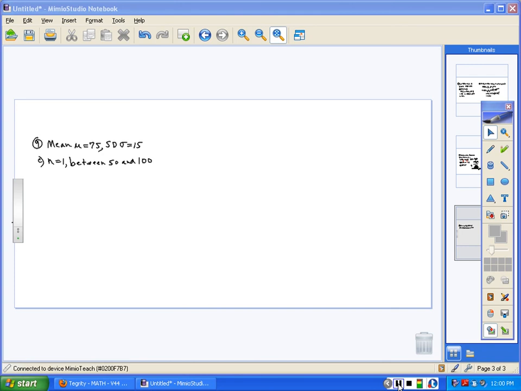Okay, step 1, put it into probability notation. Capital P and parentheses, and then it's 50 is less than x is less than 100. That's what the between notation looks like. Step 2, I'll do this up here. Change from the x world to the z world using the formula x minus mu over sigma.